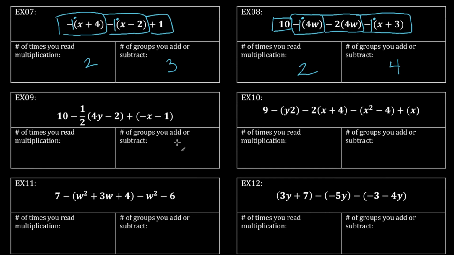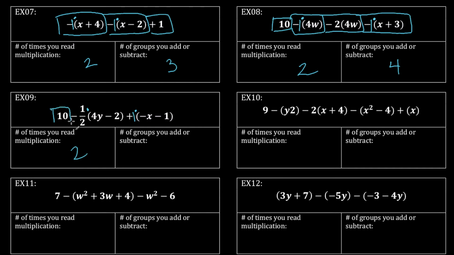Okay, so the last 4 on this part. So I'm going to find my 1s right here, and I start off with, let me just go ahead and put the multiplication there. So 10 minus half times 4w minus 2 plus 1 times, okay, so I have 2 multiplication.